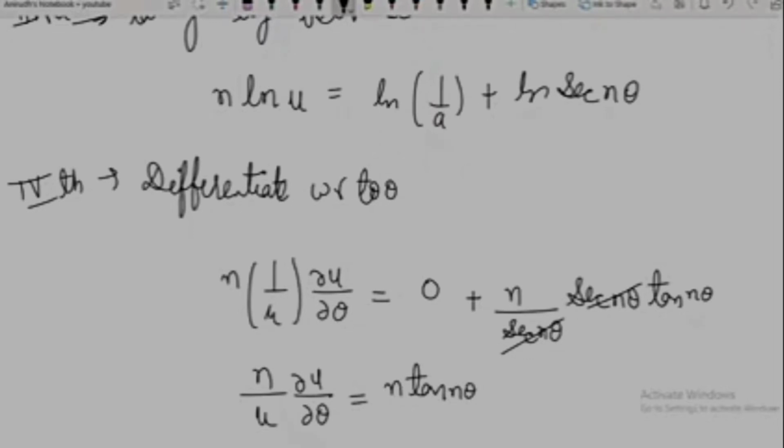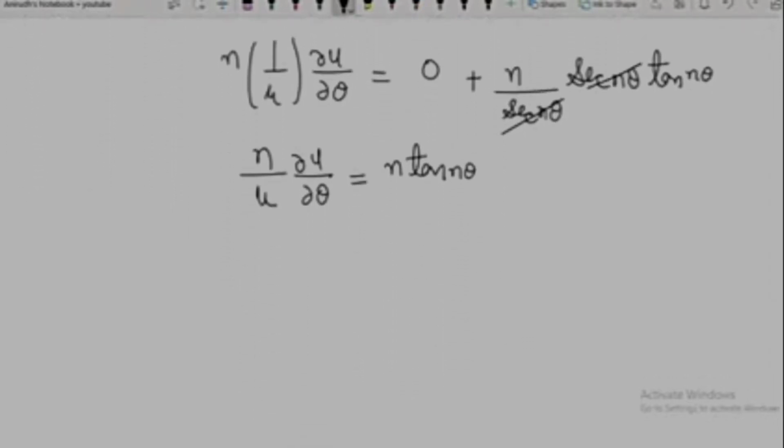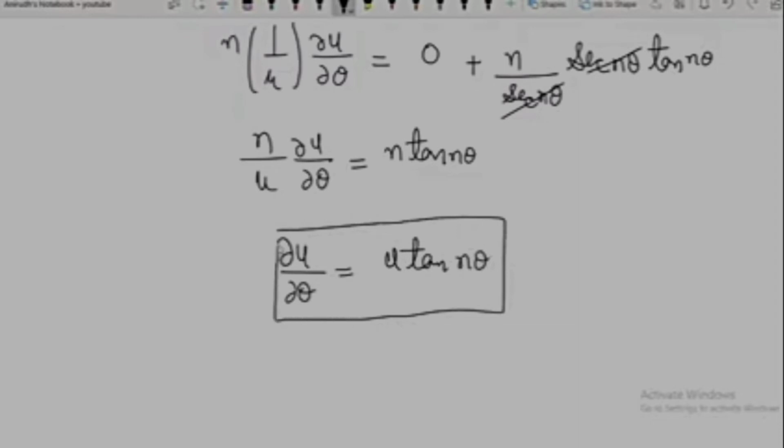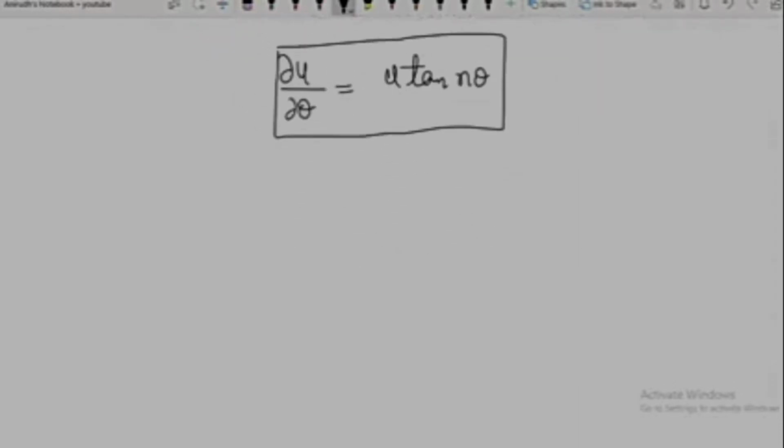We are doing all these steps to find out the del square u by del theta square value. From this equation we can find del u by del theta, which is equal to u into tan n theta. After that we have to find del square u by del theta square to substitute that value in the differential equation of orbit. So del square u by del theta square can be found out by the uv differentiation method.